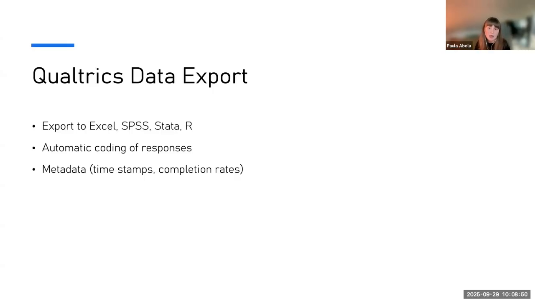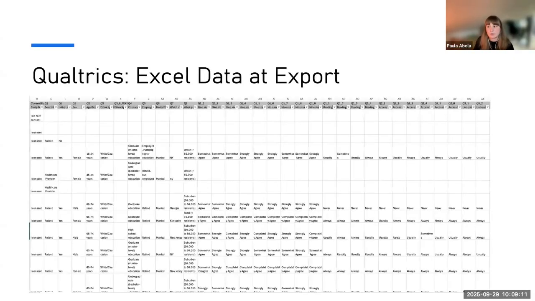One thing I still want to note here is that sometimes Qualtrics also allows you to export directly into a software such as SPSS or Stata. But if your data is not just numerical data, then you need to export it into Excel and you will need to code it. And this is what I'm going to show you how I did mine.